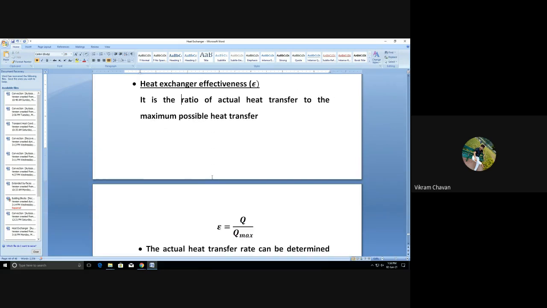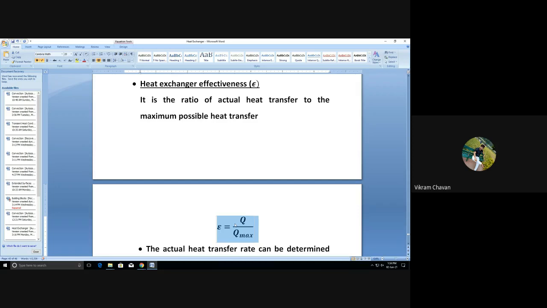The actual heat transfer divided by the maximum heat transfer gives the effectiveness, represented as eta, equal to Q divided by Q max, where Q is the actual heat transfer and Q max is the maximum heat transfer. The actual heat transfer is the heat lost by the hot fluid, which is equal to the heat gained by the cold fluid.